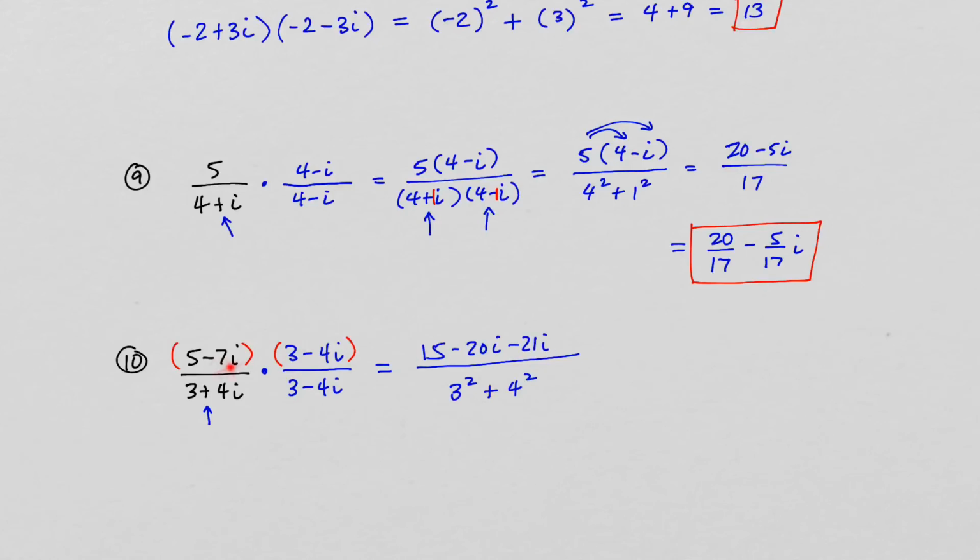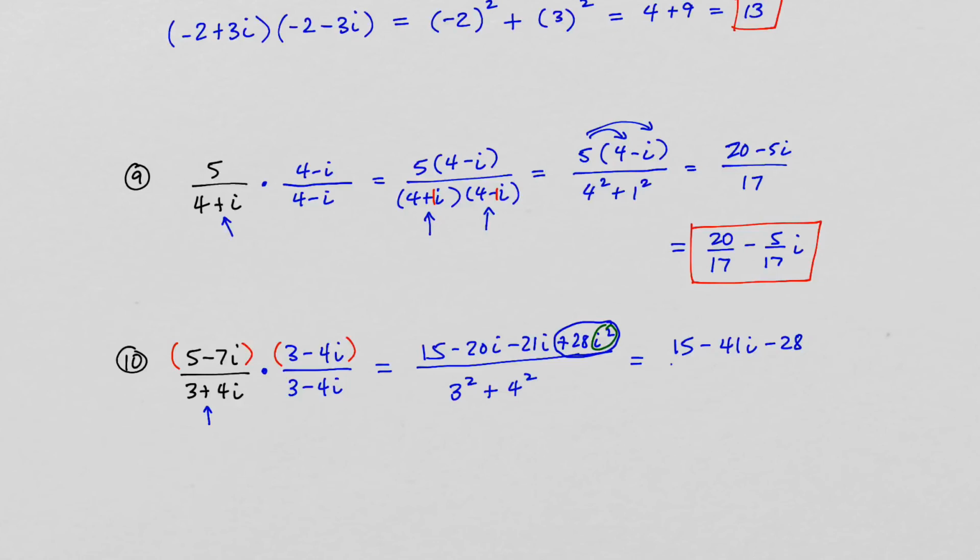And finally, negative 7i times negative 4i is positive 28i squared. Now, we still have a lot of simplifying to do, but this is going to turn into 15 minus 41i, and then plus 28i squared becomes negative 28, because remember, i squared is negative 1.